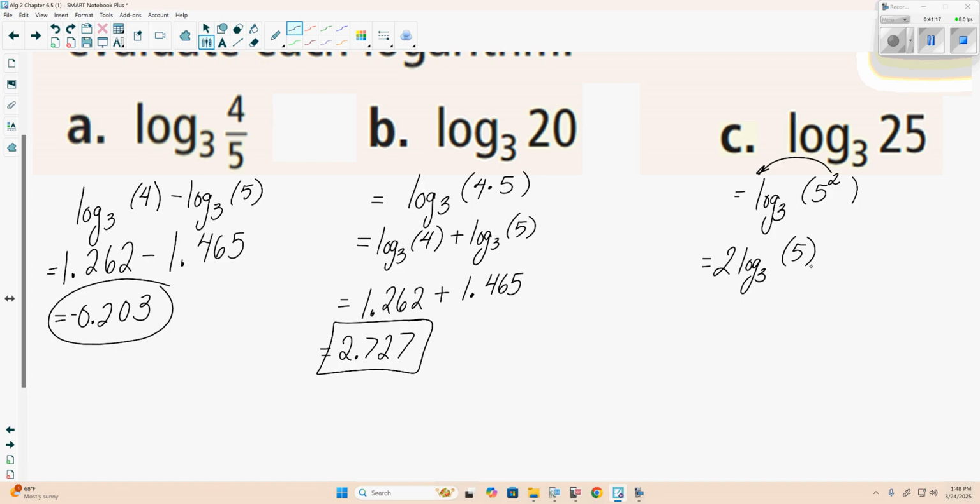Now, they already told us that log base 3 of 5 is 1.465. If we multiply that by 2, we get 2.930.